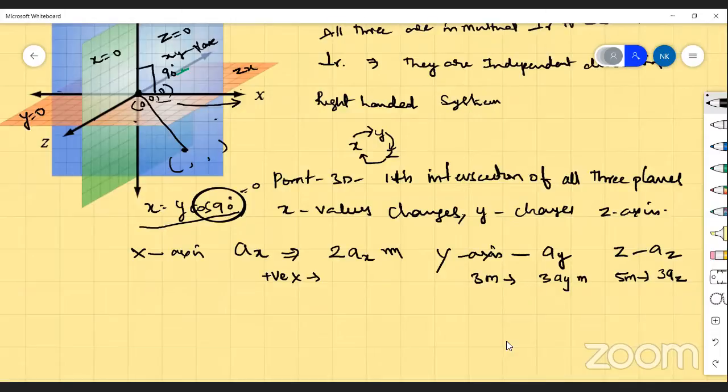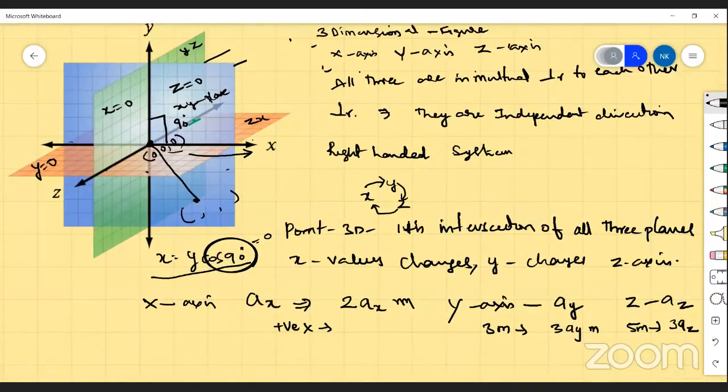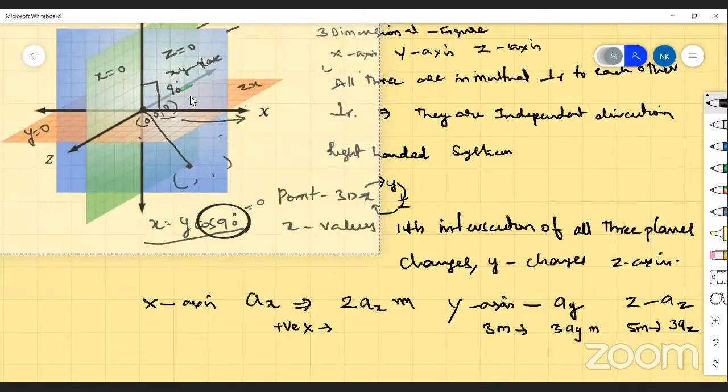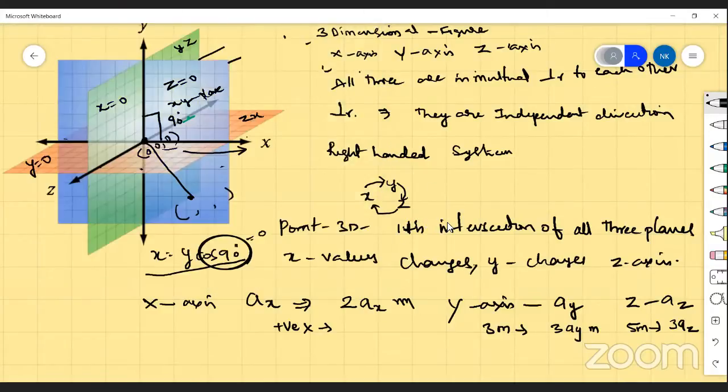This is the XY plane. So on XY plane, z is equal to 0. So what is the point? Let's say it is 2 comma 3 comma 0.